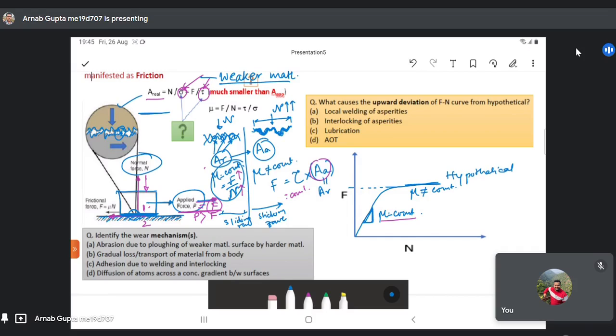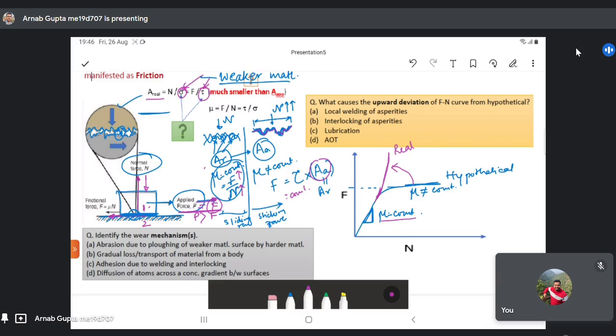In the actual scenario, it's quite different. You can see that at higher values of loads, your friction value can shoot up further. It can increase further, like this. This deviation from the ideal case to the real case happens mainly because of the contact that has happened at higher values of N. At this point, many phenomena occur.